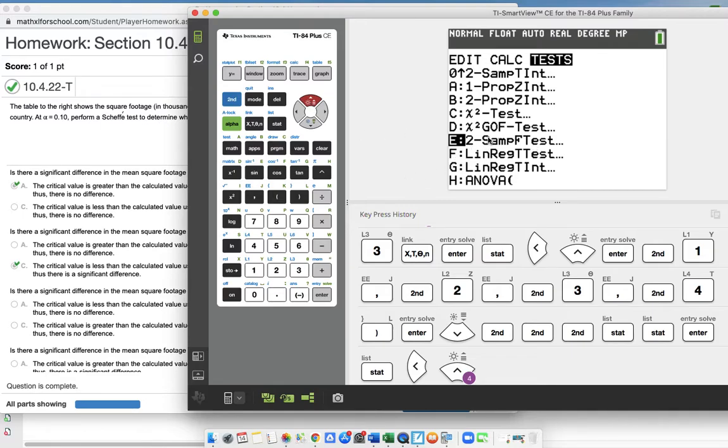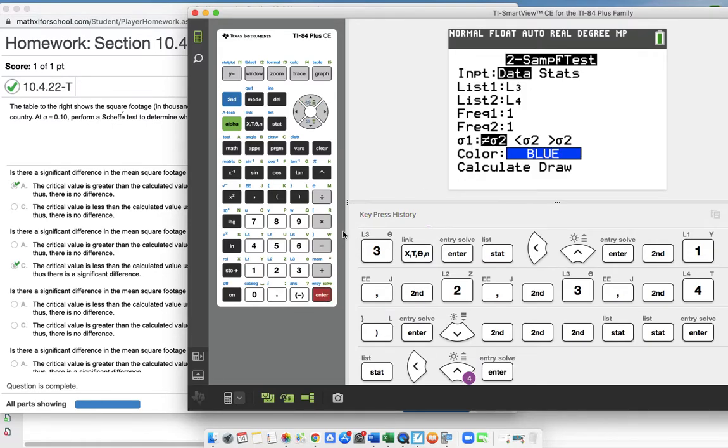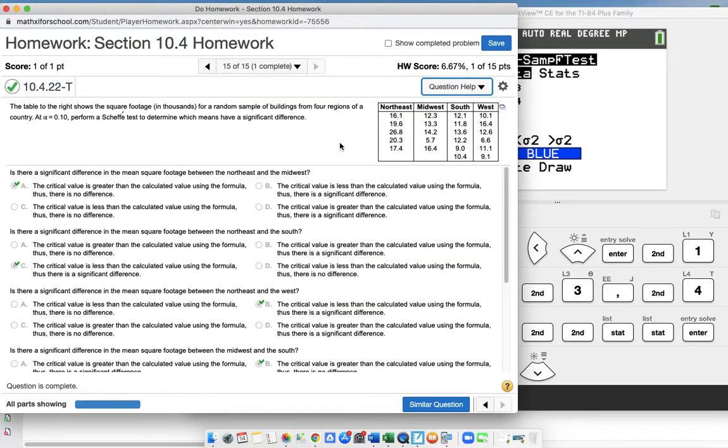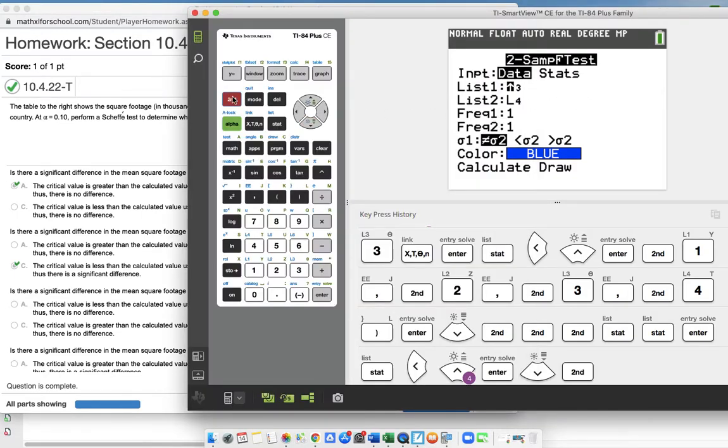You could have different sample sizes when you choose this test. And it gives us the means, so that's what we're looking for. We're just looking for the means. So I hit enter here. And I want to compare what it's telling me to compare: Northeast with Midwest, so column 1 and column 2, which are in L1 and L2.